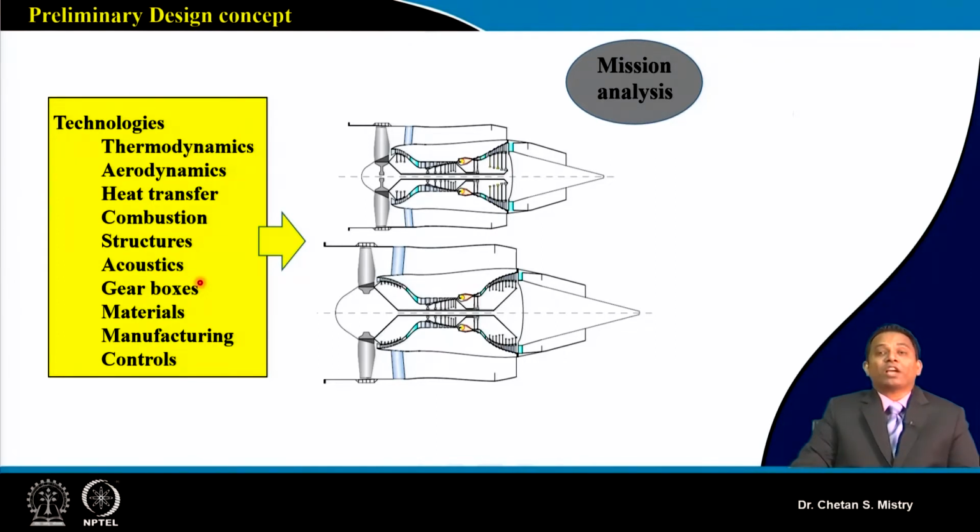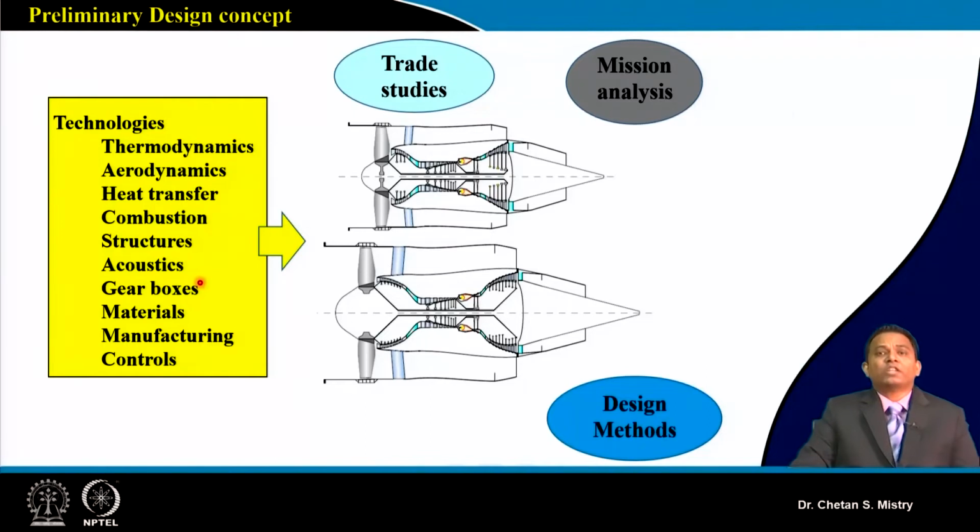When we talk about the development of an engine, a group of people with different expertise are involved. For this kind of requirement we need to do special kinds of trade-off studies. Somewhere we look at the thermodynamic aspect, somewhere heat transfer, maybe aerodynamics, sometimes aeroelasticity, somewhere control aspects.